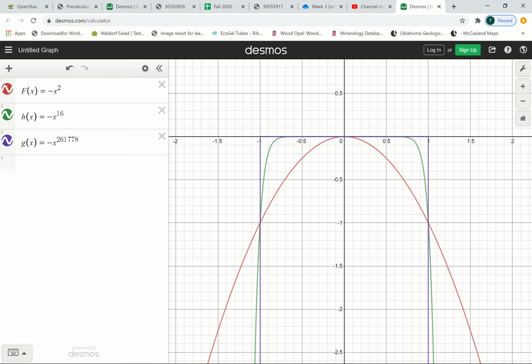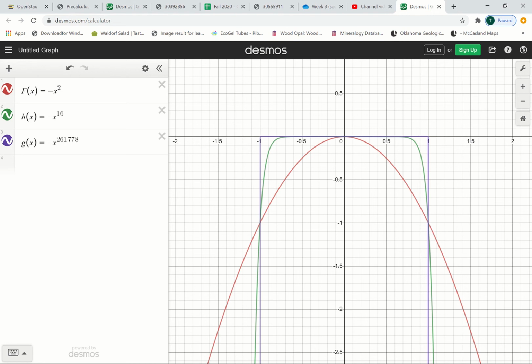So as x goes off into the negative infinity direction, our y is going to go to negative infinity. And as x goes to positive infinity, our y is going to mirror the other side and go towards negative infinity also. So in just a simple even power function that is negative, you will not be getting a positive value, if that makes sense.